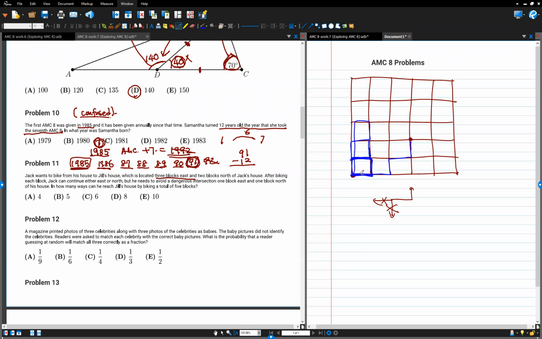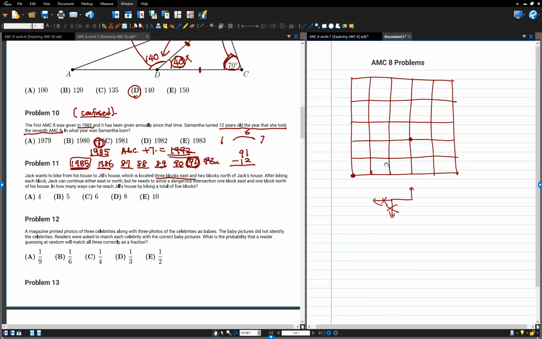Always move to the right and north. The next move is to the right or north. On north, move to the right. You cannot go to the left from here. You cannot go down. That's the rule. I'm going to delete this, okay?